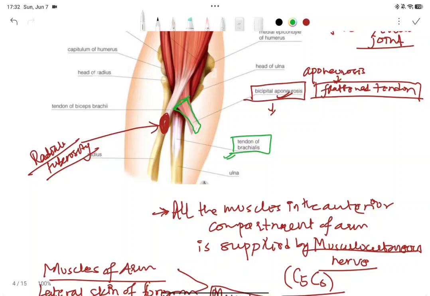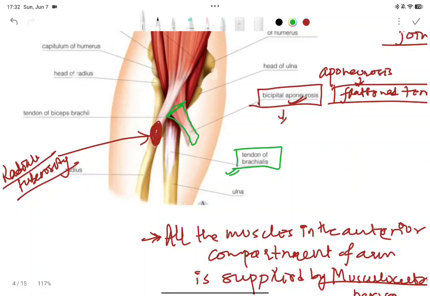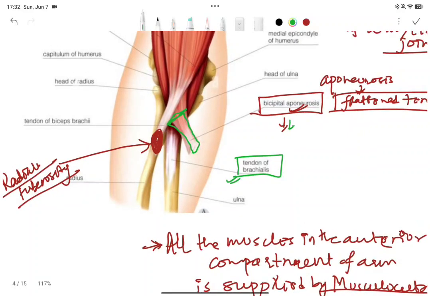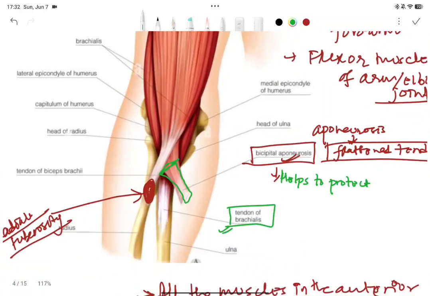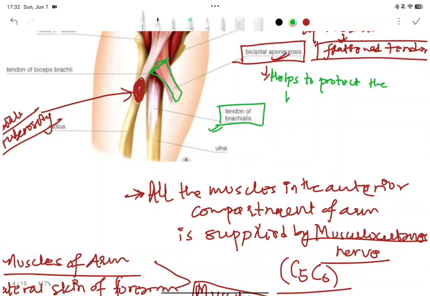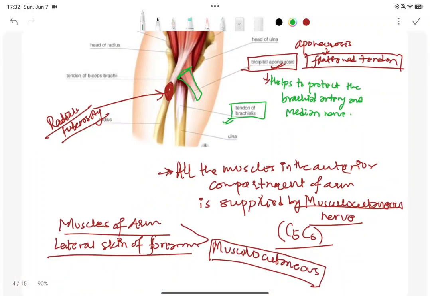The bicipital aponeurosis helps to protect the brachial artery and median nerve during venipuncture. Okay, remembering this much is enough.